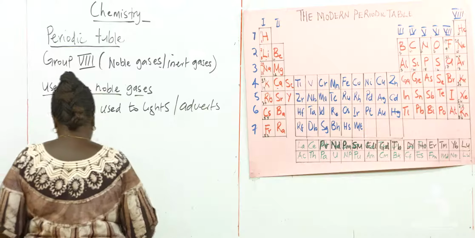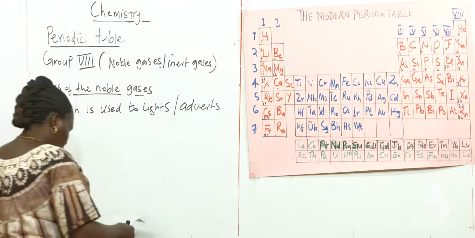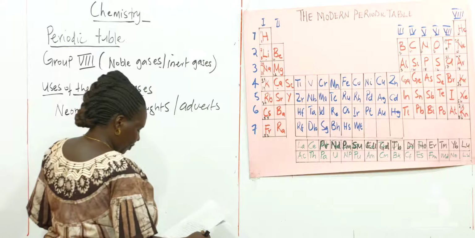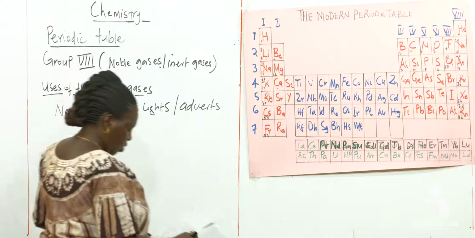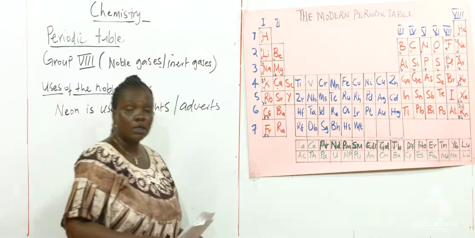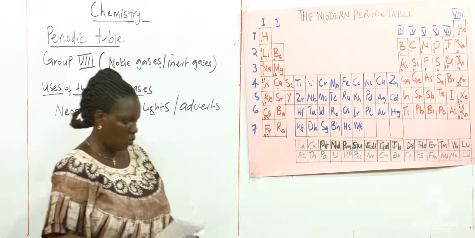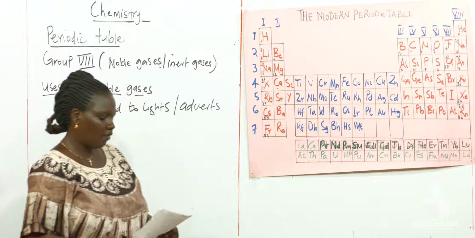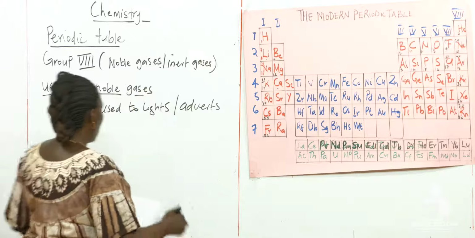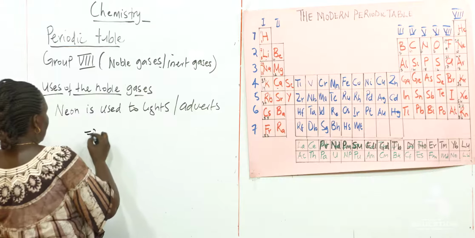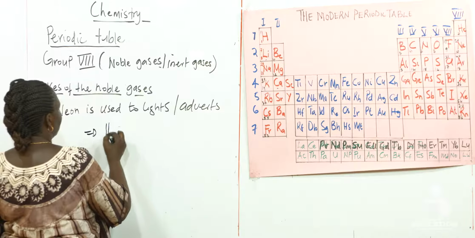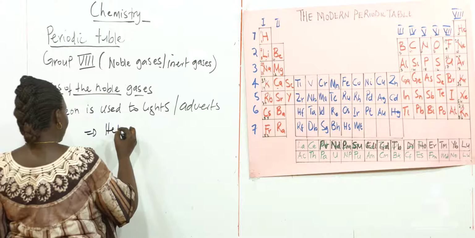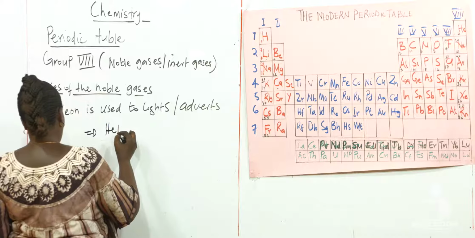Also, neon or any other noble gas can be passed through a glass tube that makes up a sign, where electricity causes the noble gases to glow. For example, when we pass electricity through helium, then helium glows and gives us a yellow color.